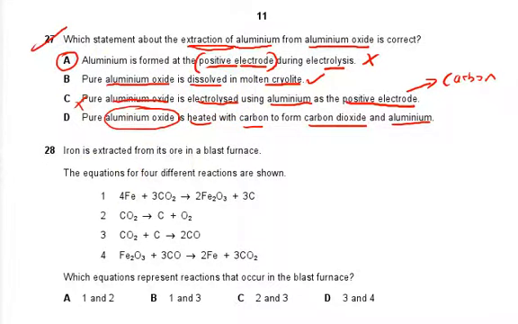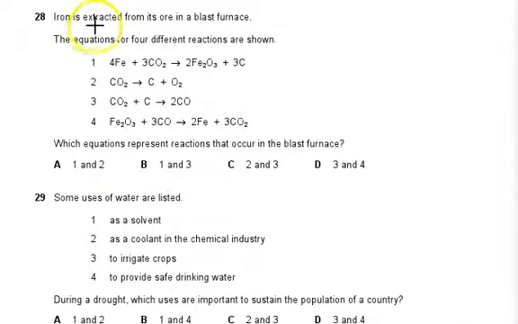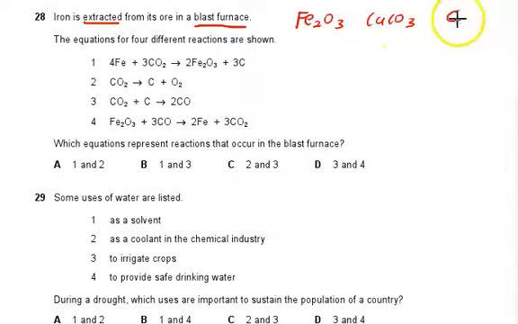Okay, now let us look at number 28. The iron is extracted from its ore in a blast furnace. The equations for 4 different reactions are shown. Always remember, in the blast furnace we have 3 important raw materials: iron ore, the hematite, calcium carbonate, and also coke.